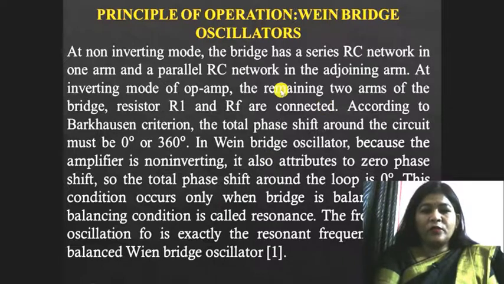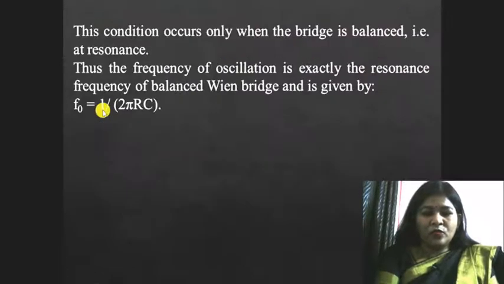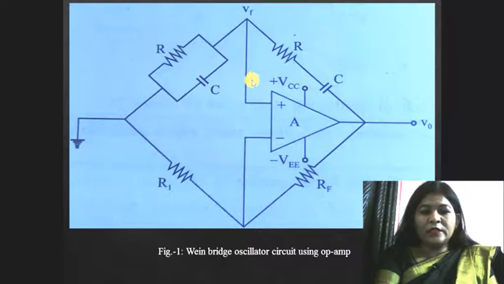In the Wien-Bridge oscillator, there are two modes, inverting mode and non-inverting mode. In this circuitry, this is the Wien-Bridge oscillator, and we can design this oscillator using an op-amp or a simple transistor. Here in this circuitry the op-amp is present.